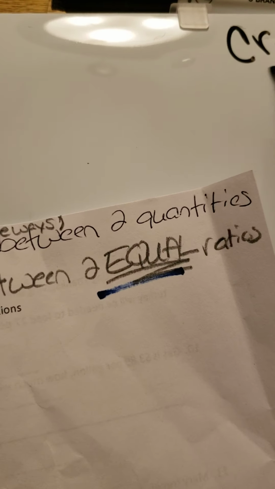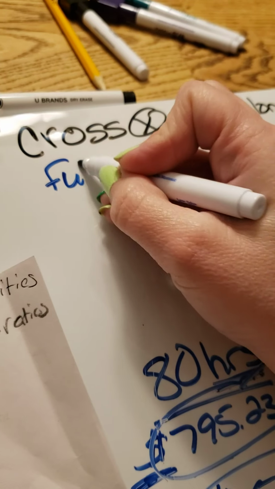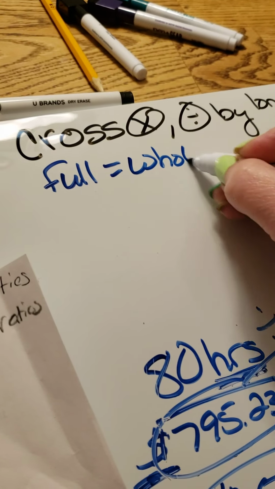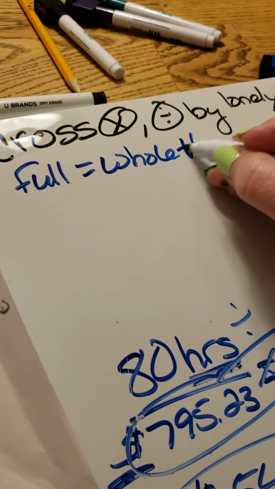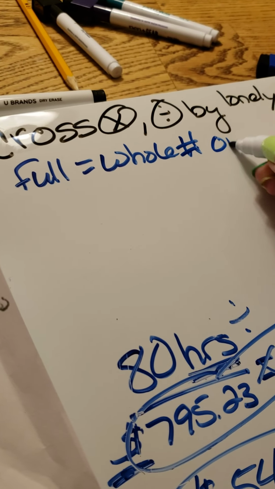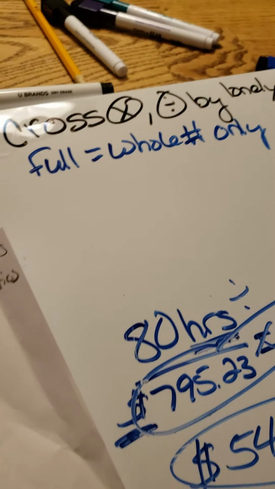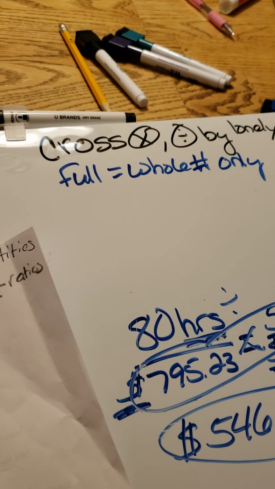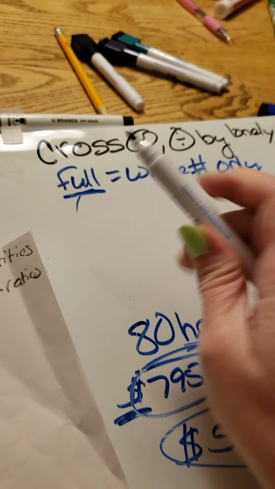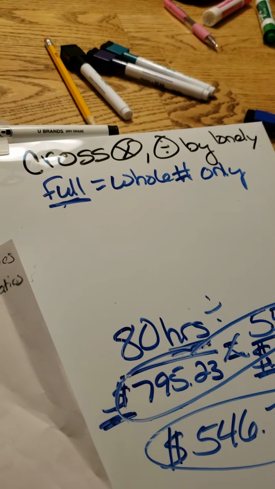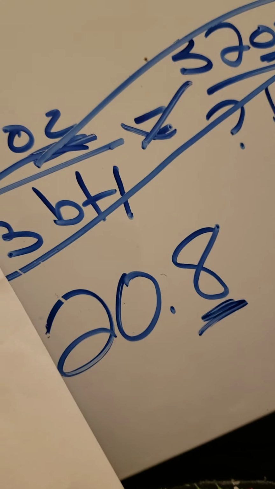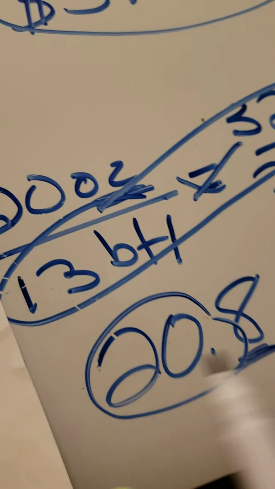Full means whole number only. So you'll see a couple problems on the homework, maybe on the quiz, it'll say how many full. So every single time it says full, that's going to be a whole number only. We don't want to know how much is extra because 0.8 is extra. We just want to know how many full bottles it makes.